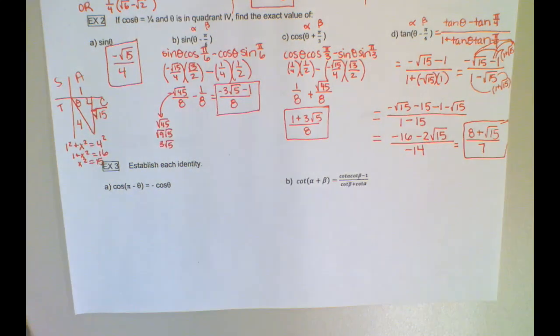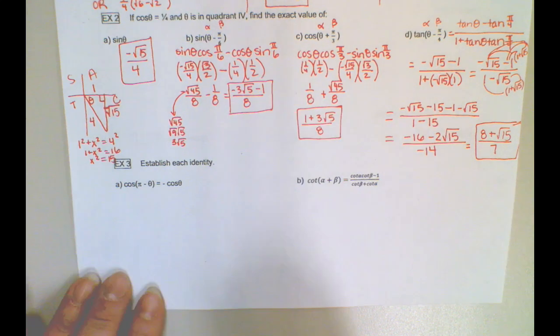In example 3 now, we're establishing the identity. So go back to your 8-4, look at strategies that we talked about for dealing with trig identities. So all of the different things that we might need to do to get these to work. So when I look at A, the left side certainly looks more complicated than the right side, so I'm going to start with the left side.